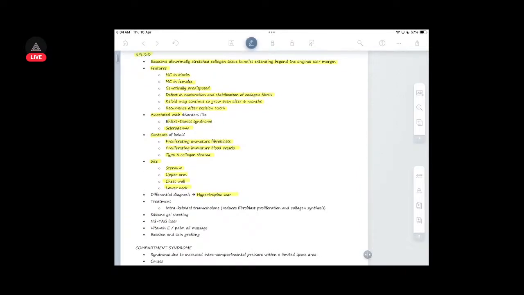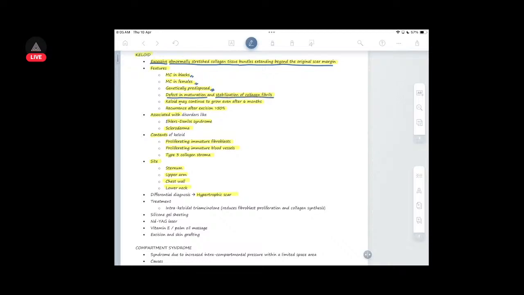Okay, so keloid is excessive, abnormally stretched collagen tissue bundles extending beyond the original scar margin. Most common in blacks, females, genetically predisposed. There is defect in maturation, stabilization of collagen fibrils.